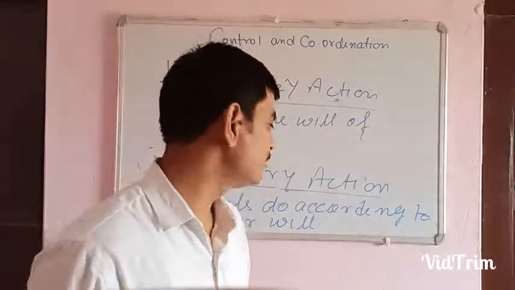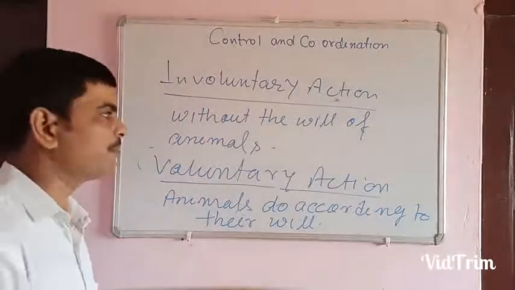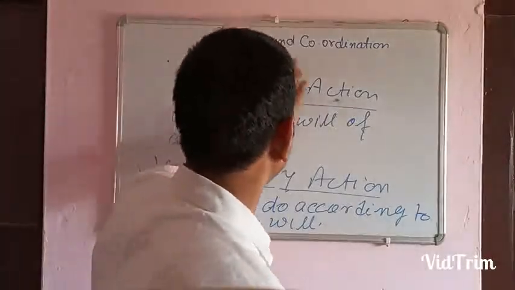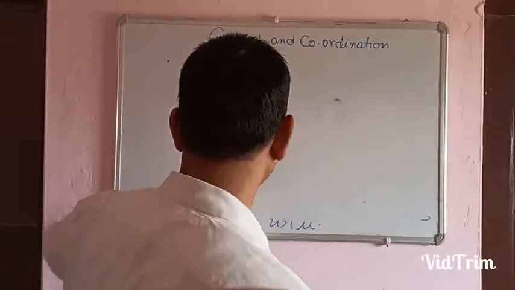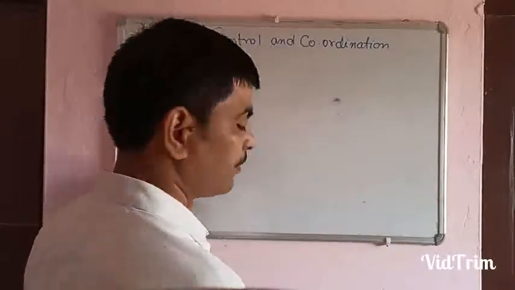Here I am going to draw the diagram of the reflex arc that I forgot to draw. You will understand it better. I think you understood voluntary and involuntary actions. See here.